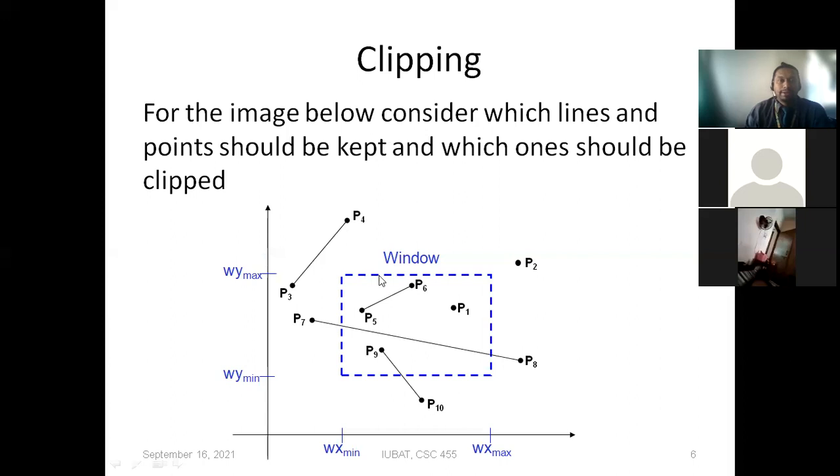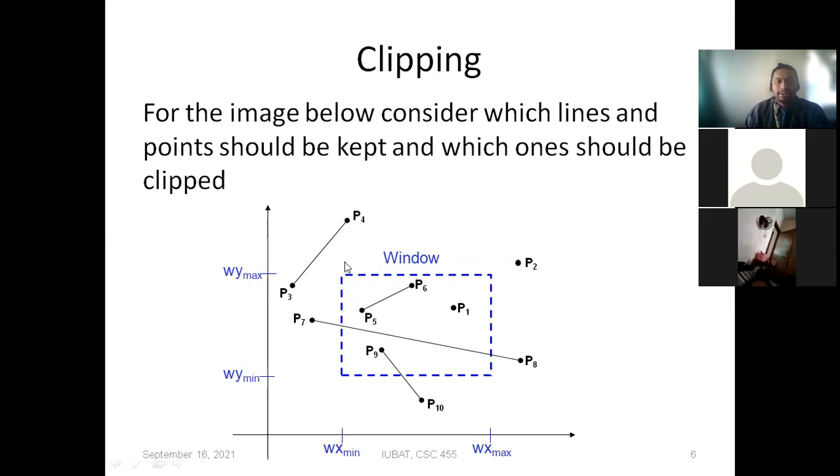Now in the clipping, you can see the following image, where we can see components like lines and points, and how we can identify whether they are inside or outside. The points which are inside, and the part of the line as well, should be inside the window. The outside part should be outside.